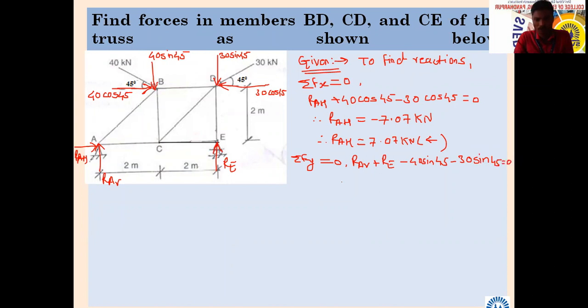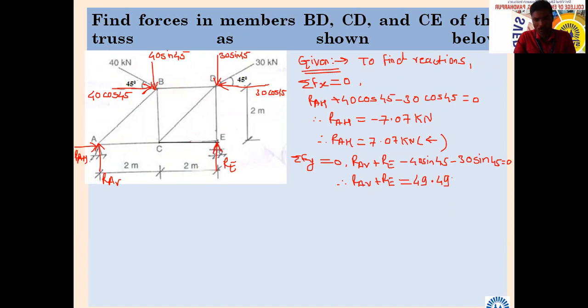Is it correct? From this, what will you get? RAV plus RE equal to, just calculate and tell me how much it is. 49.49.